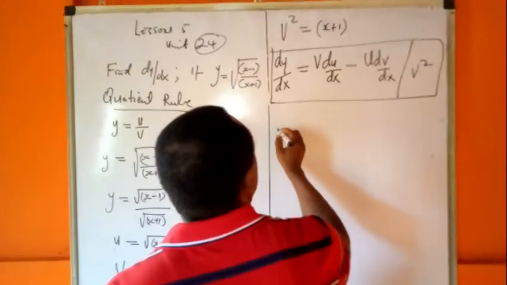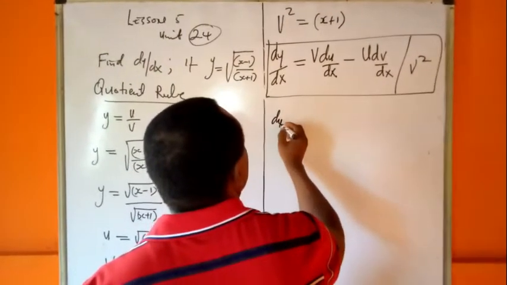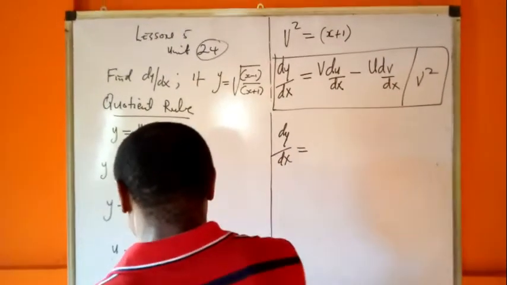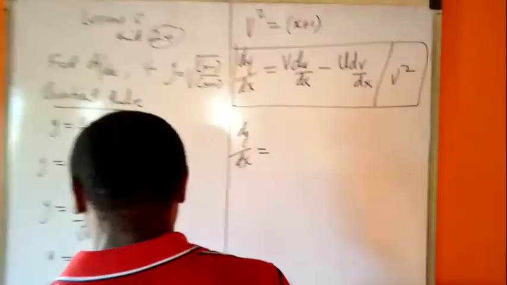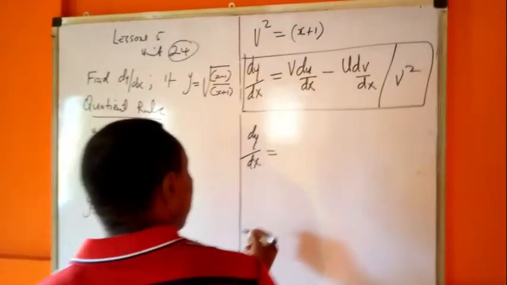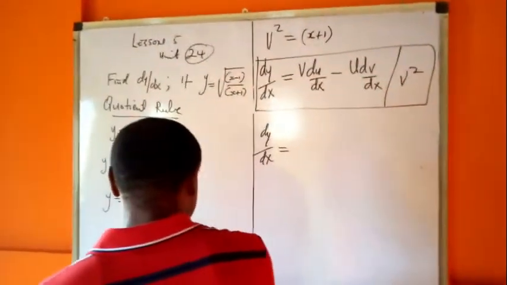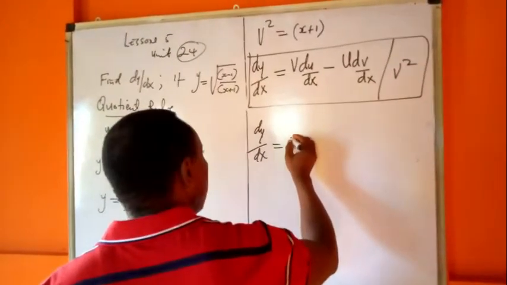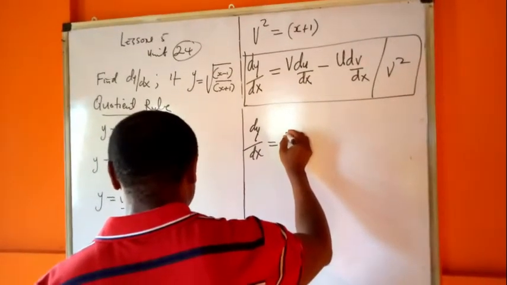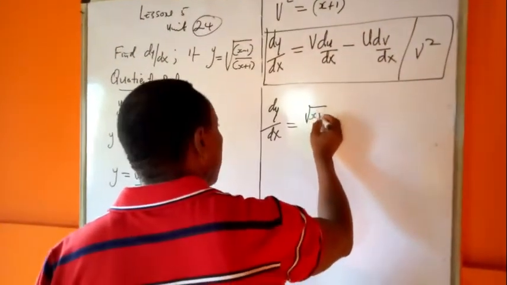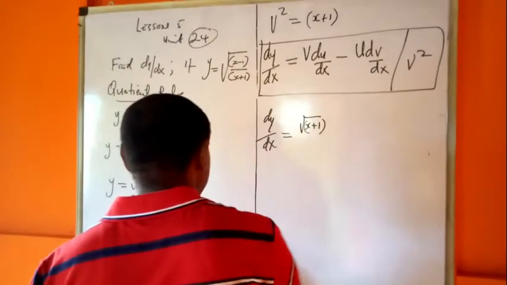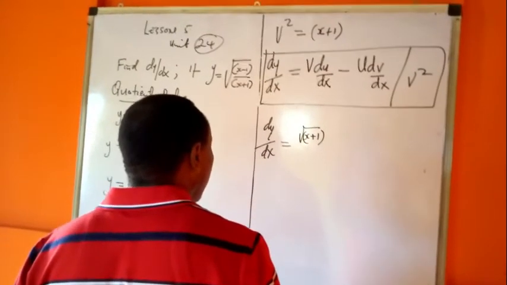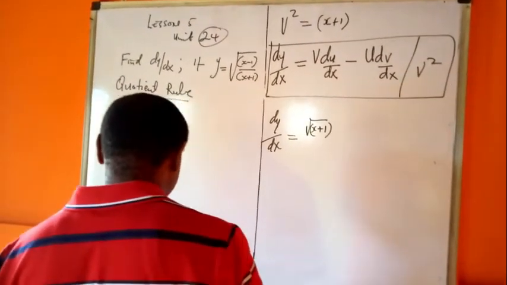So we can now say dy dx is equal to our v. What is our v? As given there, it is simply root x plus 1. That's our v. Root x plus 1. Our du dx. What is our du dx?